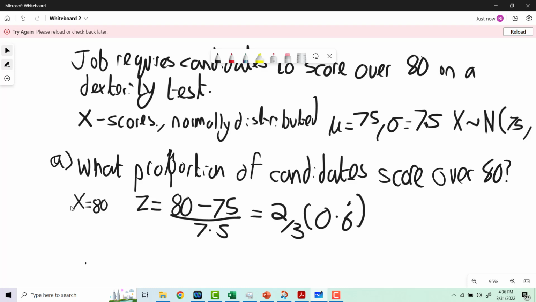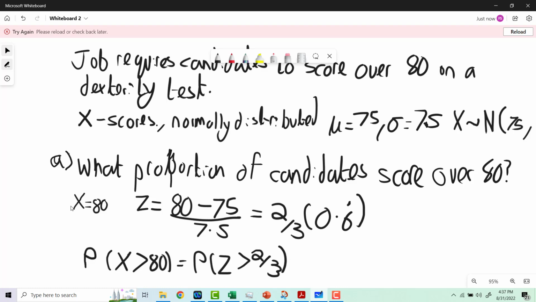And we want greater than this, so we want the probability that X is greater than 80, which is the probability that Z is greater than 2 over 3, or 0.6666666.